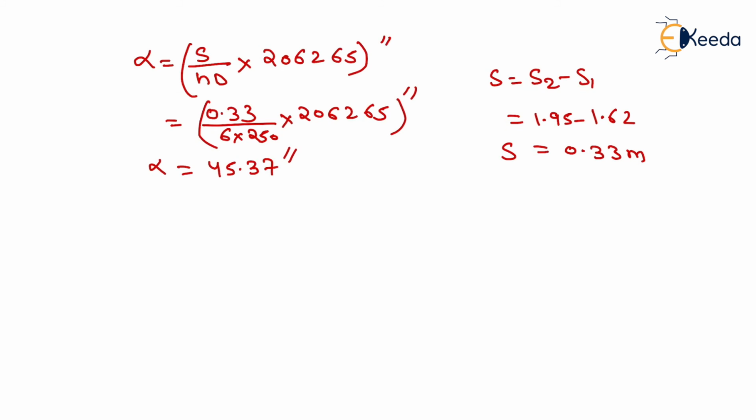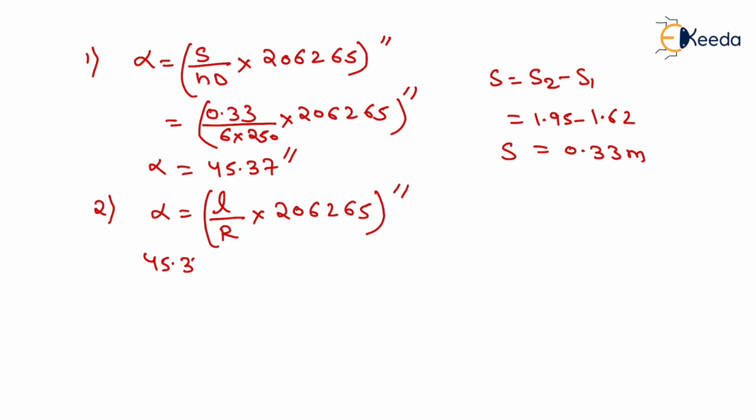Now we need to compute the value of R, for which we know that the formula is alpha is equal to L upon R into 206265 seconds. Now we have the value of alpha as 45.37 seconds. We have the value of L as 2.5 into 10 to the power minus 3.